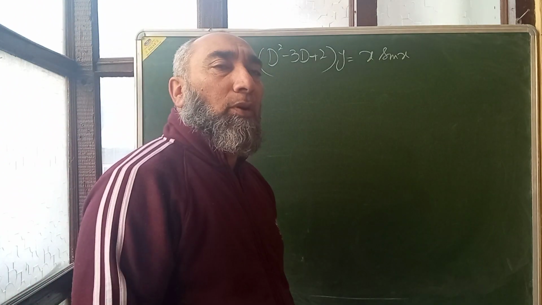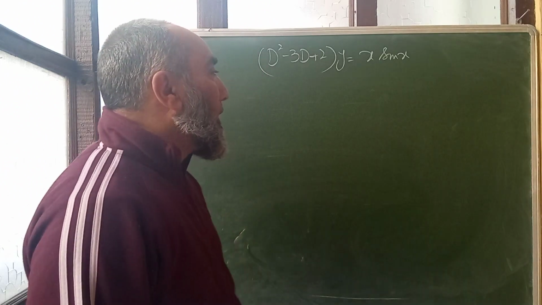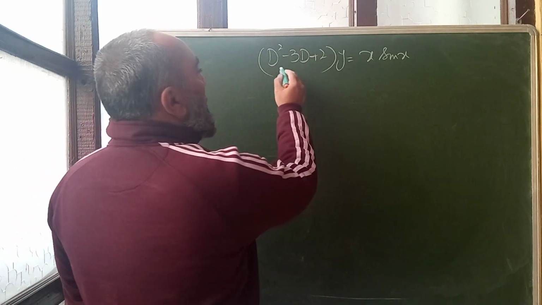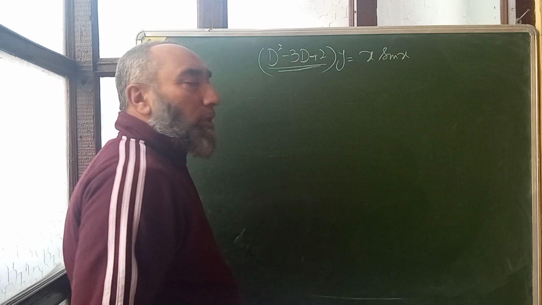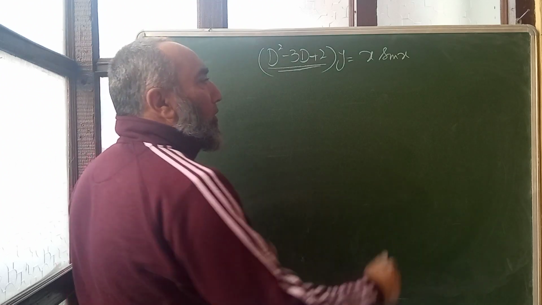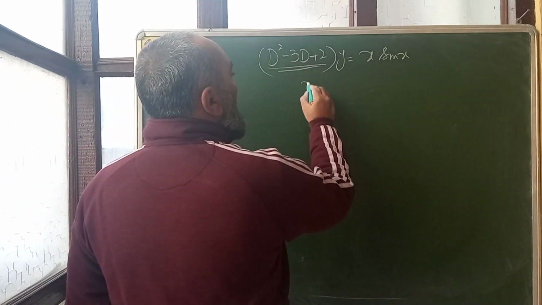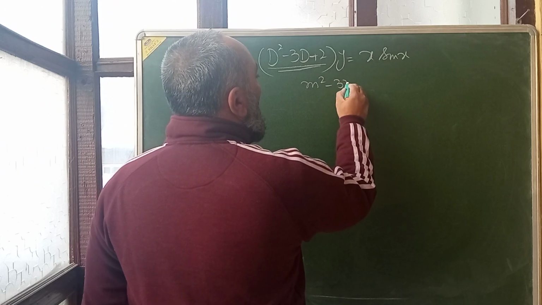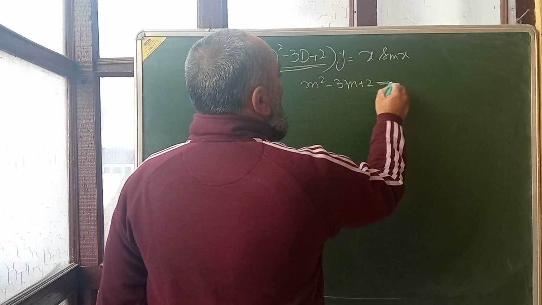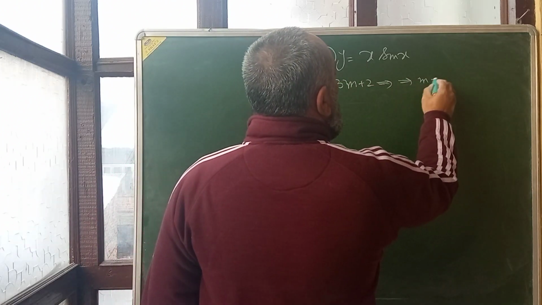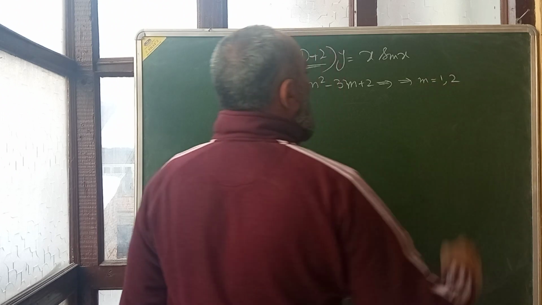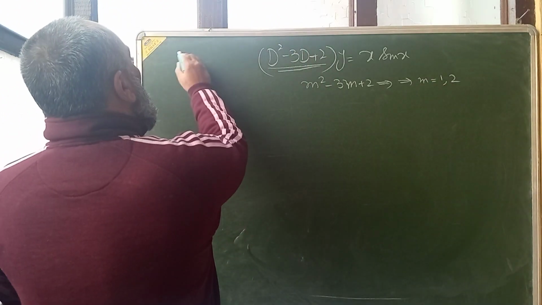There is no e raised to the power ax here. So how to find it? Now you know the roots. Its roots are 1 and 2. M squared minus 3m plus 2 means m equals 1 and 2. (D minus 1) and (D minus 2).